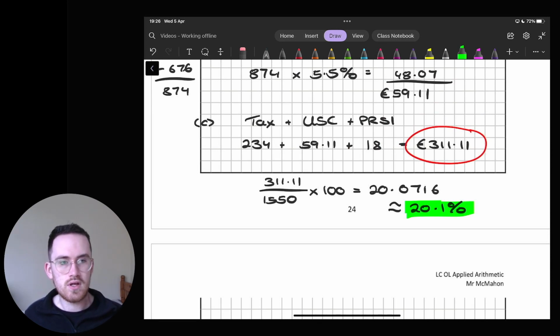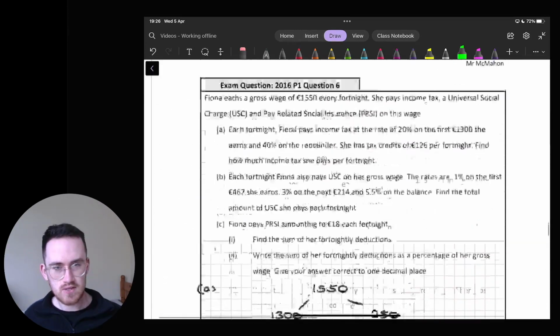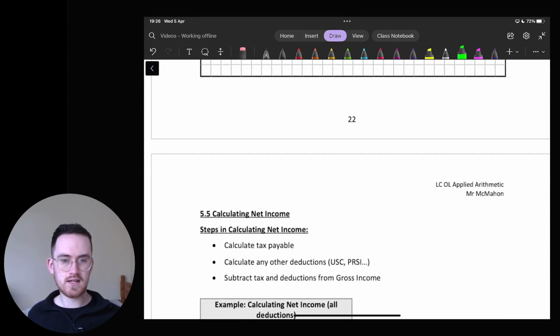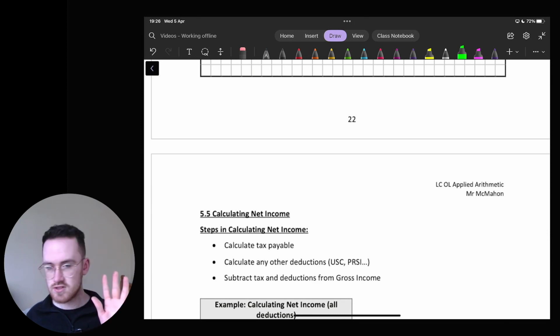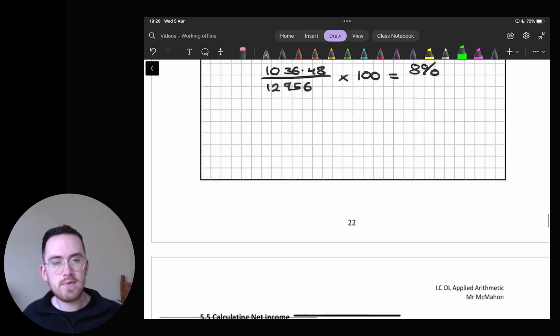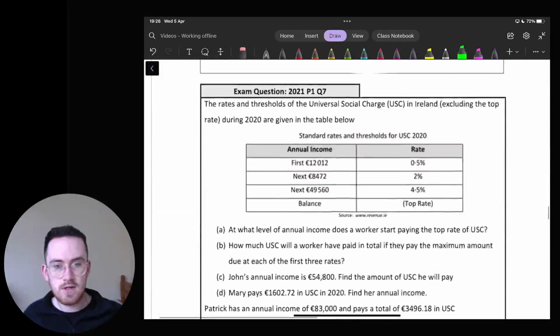Okay, so key things with all of this, I suppose, and those last steps really sum it up. If you're getting someone's net income, you need to get the tax, you need to get any other deductions, so USC, PRSI, health insurance, whatever else they pay, take them all away, and that will give you your net income. So it's making sure that you're happy with how to find USC, how to find PRSI.